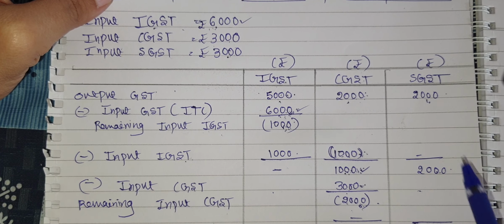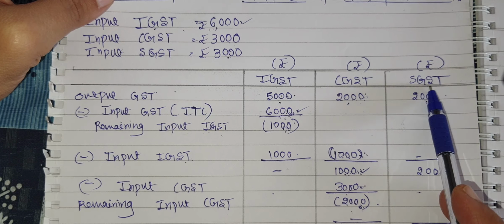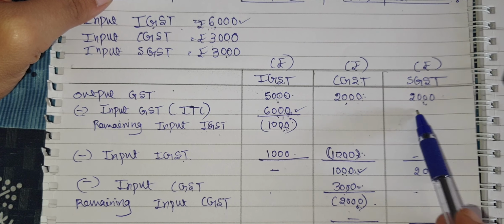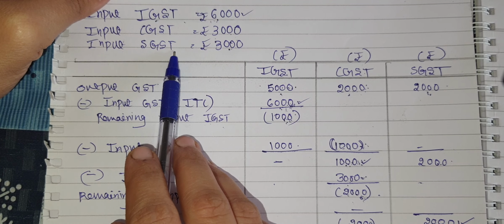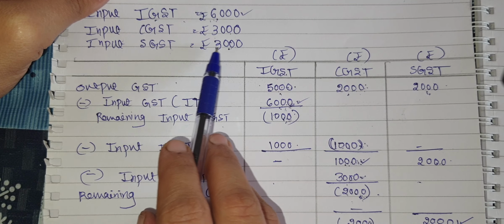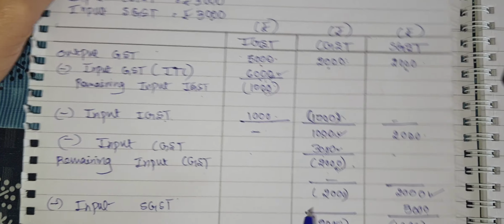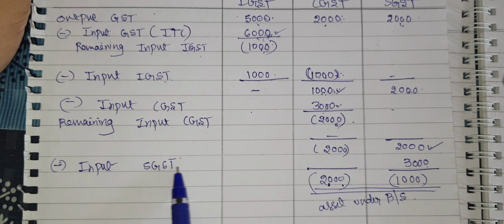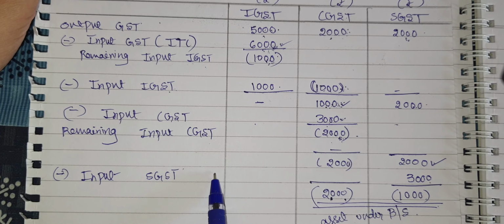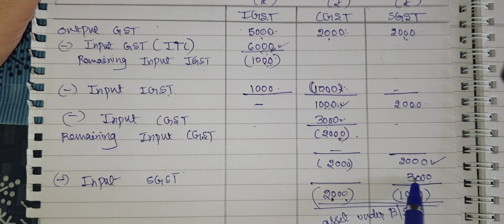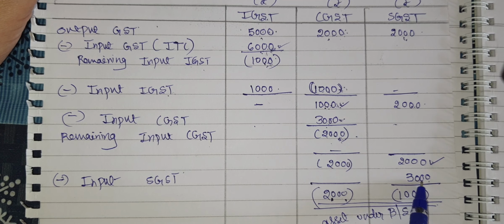Now we will see the SGST. Output SGST is rupees 2,000, and the input tax credit available under input SGST is rupees 3,000. So we need to set off against output SGST, that is rupees 3,000.